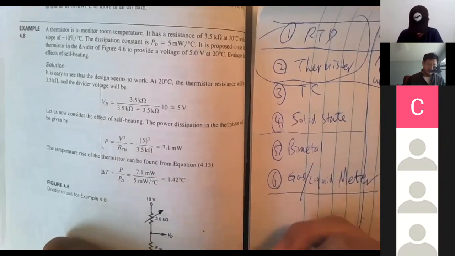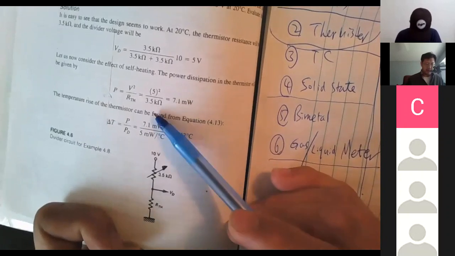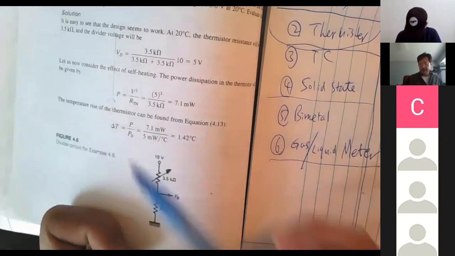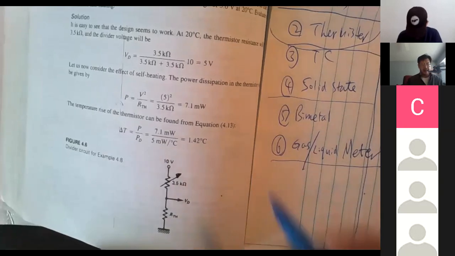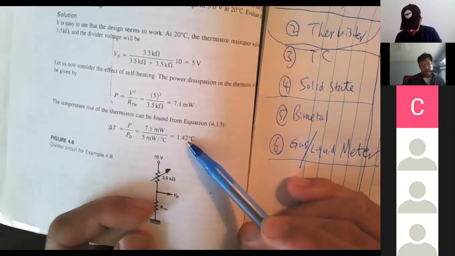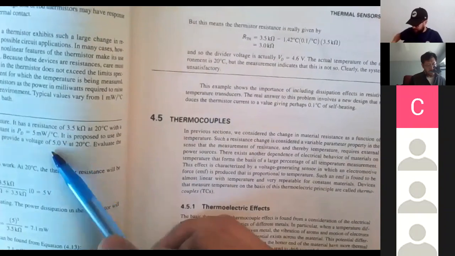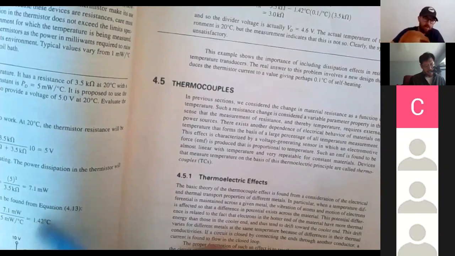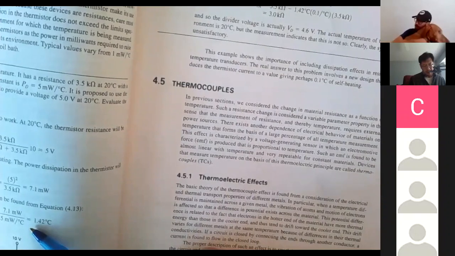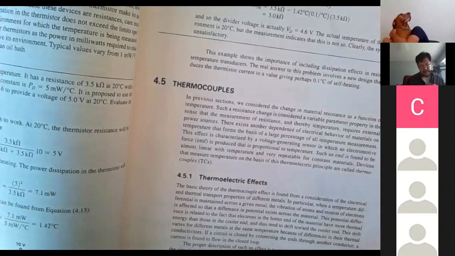So if the resistor power is 7 milliwatts and the dissipation constant is 5 milliwatts per degree, that sensor will be 1.4 degrees warmer. So if the temperature is 20, the measured temperature will be 21.4. It will be 1.4 degrees higher than the actual temperature.